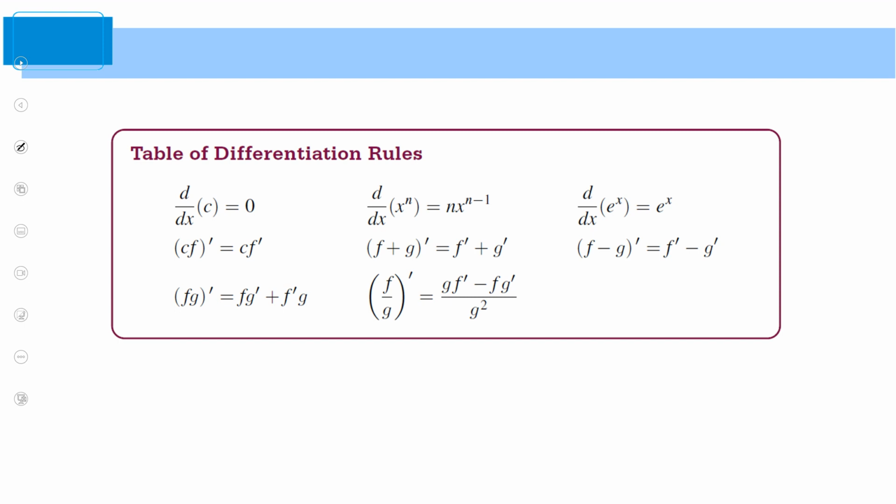The next one is that crazy business with e to the x being its own derivative. The middle row on the left, the derivative of a constant times a function is the constant times the derivative of the function. The derivative of a sum is the sum of the derivatives. The derivative of a difference is the difference of the derivatives. The product rule and the quotient rule. There's more, but this is good for now.